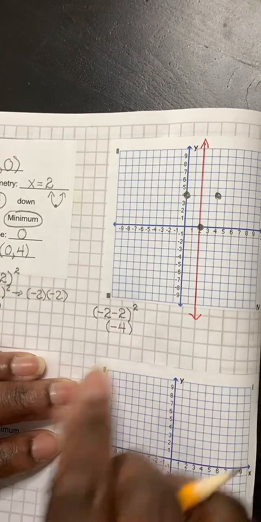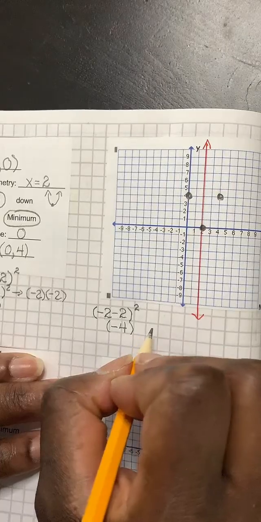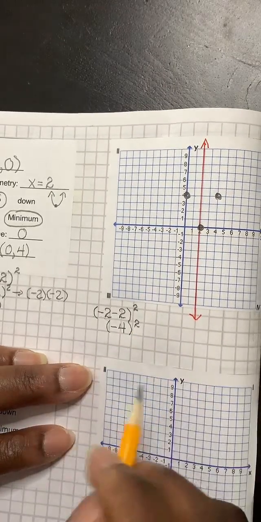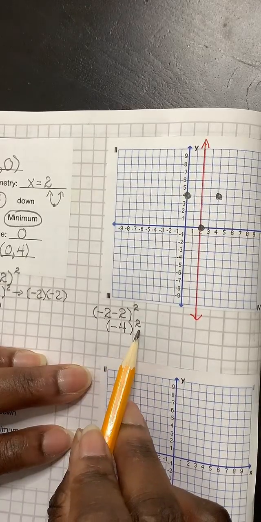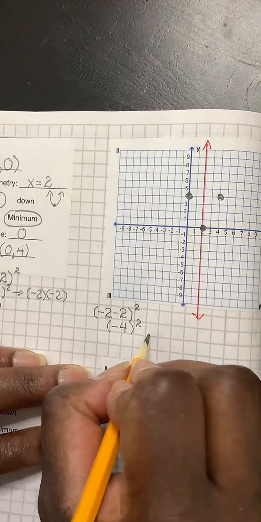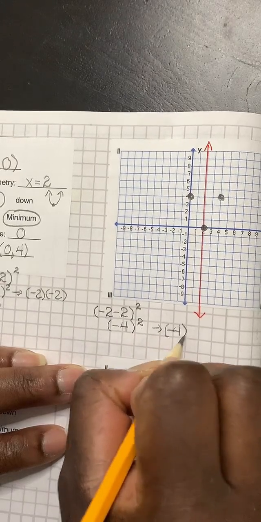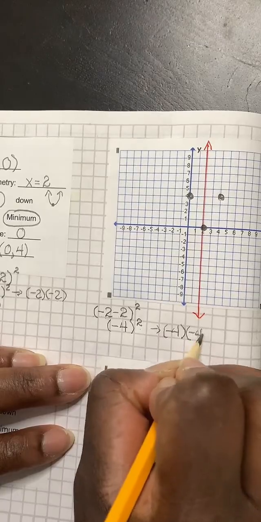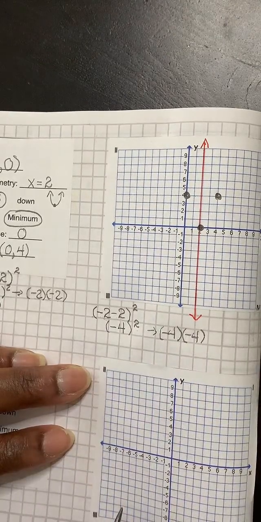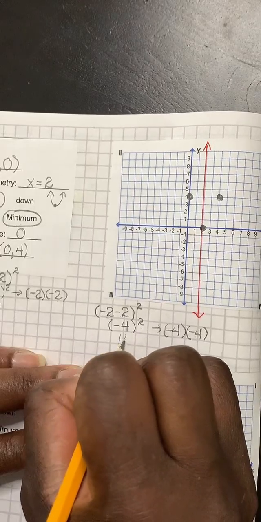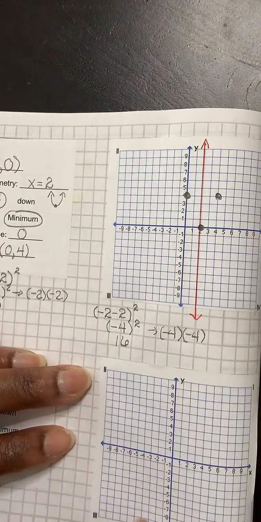Okay? Without interest, of course. Then negative 4 squared. Negative 4 squared is the same as saying negative 4 times negative 4, which will give me a positive 16.